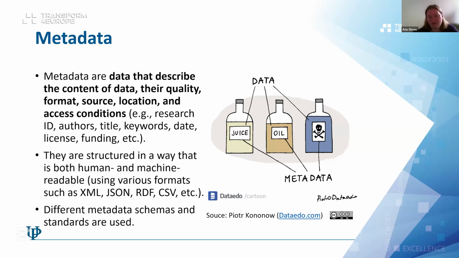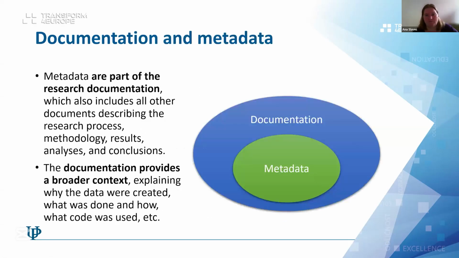To be able to trust something, it is very important that we have all this contextual information. So metadata is at the heart of data sharing. Just sharing data doesn't have any value if the data doesn't have metadata telling us what its content is.